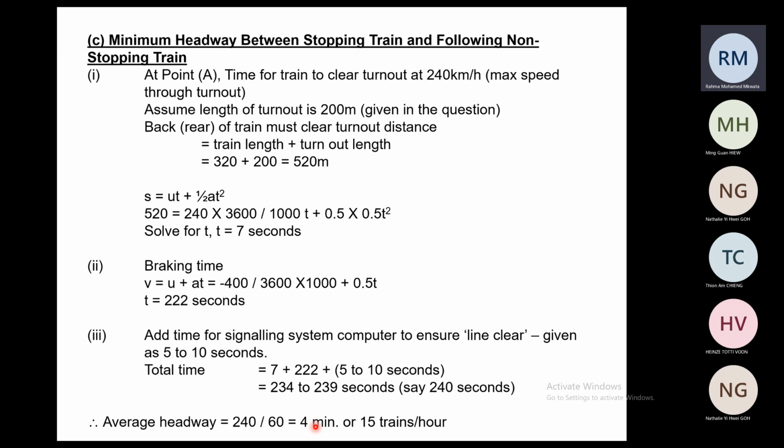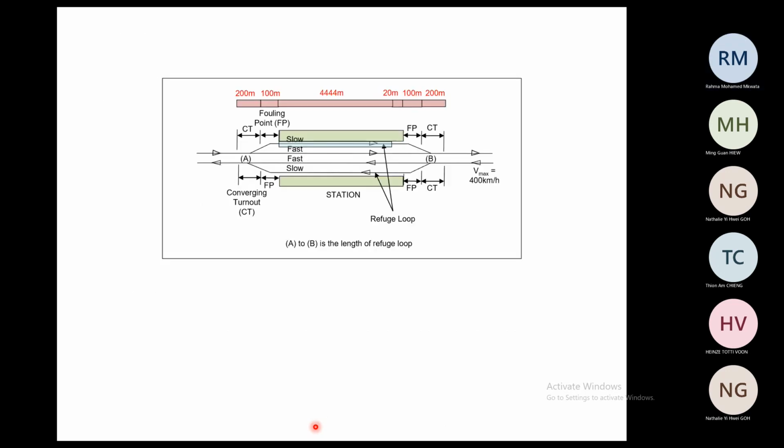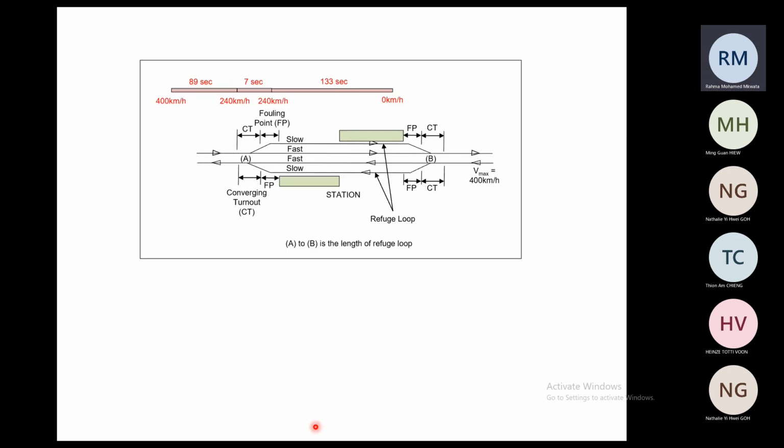If we put that into this diagram, sorry, this one. So from 400 kilometers per hour from your main line to enter into a turnout, using these two speeds you can calculate the time. You'll get 89 seconds.